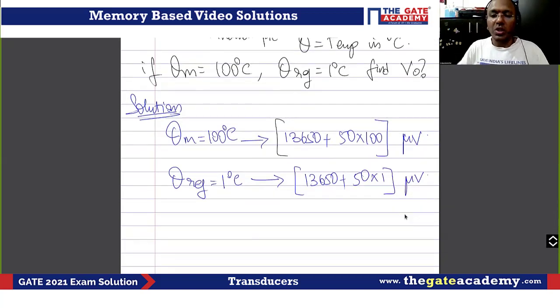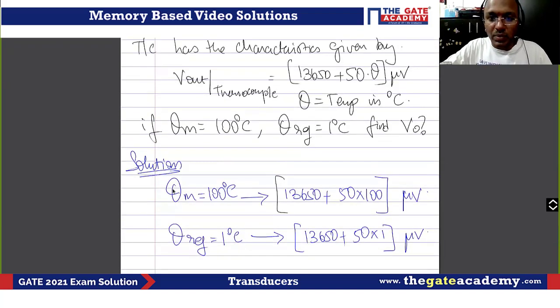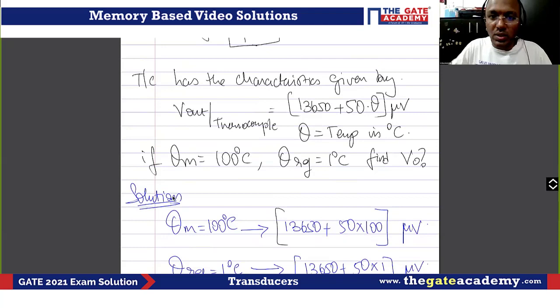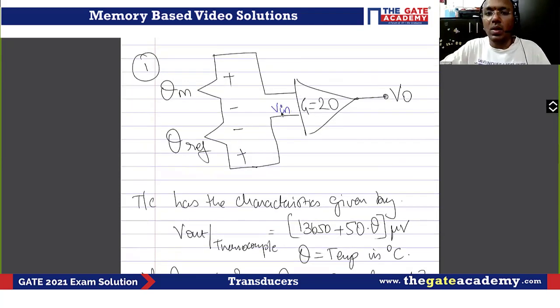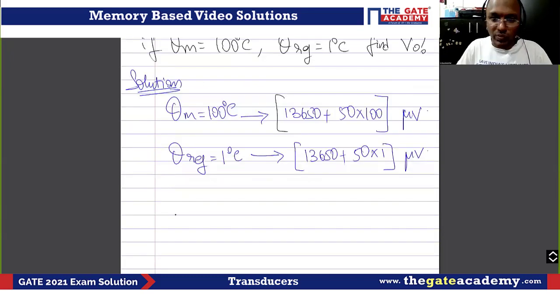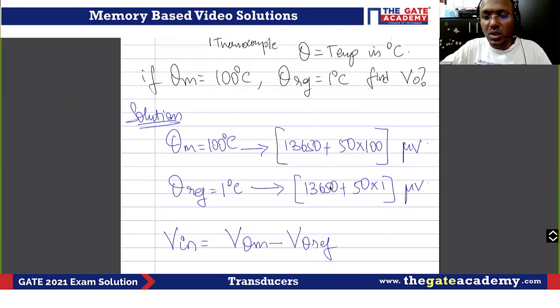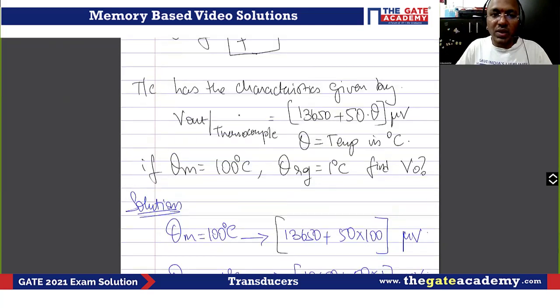Now, what is going to happen here? Let me say the voltage that is getting applied here is V in. So V in is equal to V theta m minus V theta ref. Because the polarity given is very important.